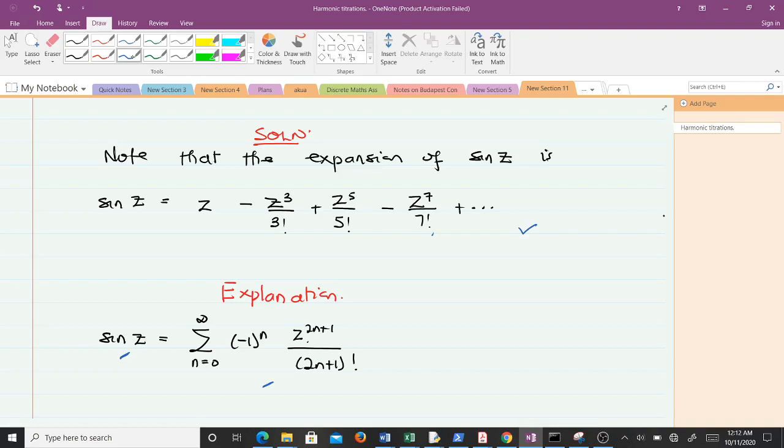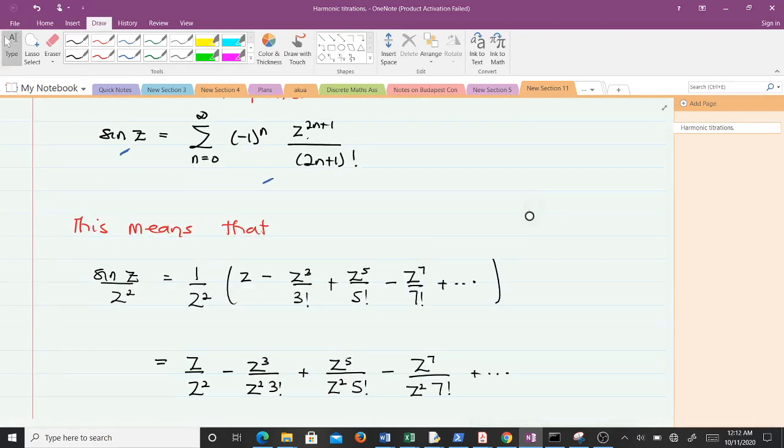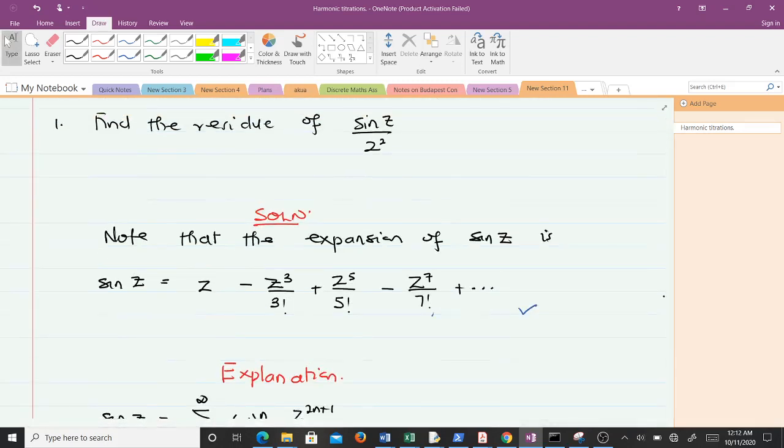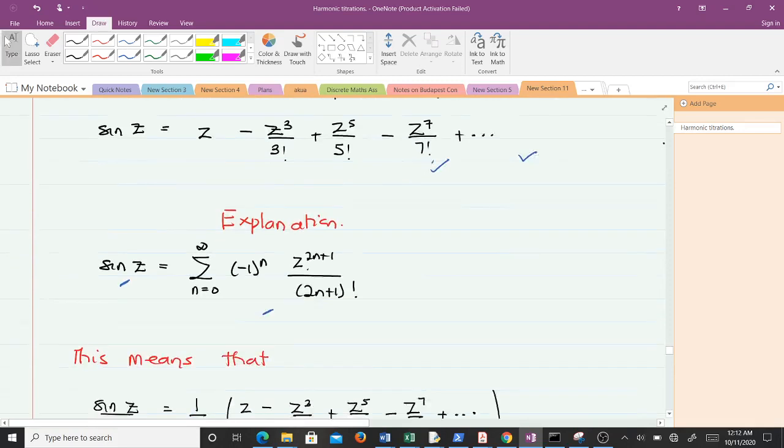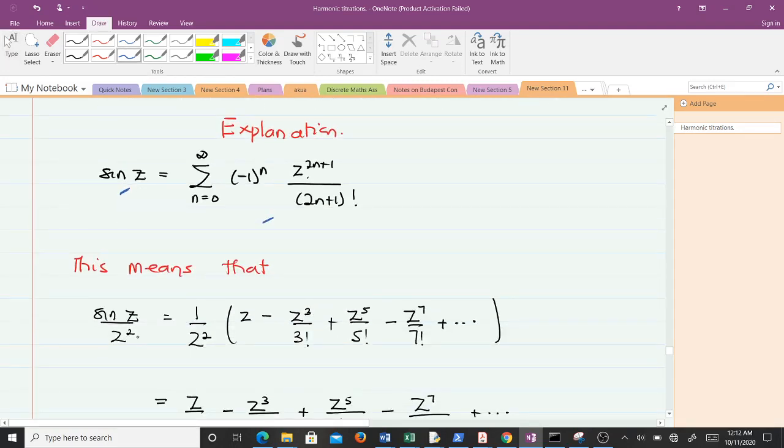Right, so I hope you get it. Then let's continue. So you should know that sine z alone is what we have here. So now we had sine z over z squared. So that means that this is 1 over z squared and this is the sine z.